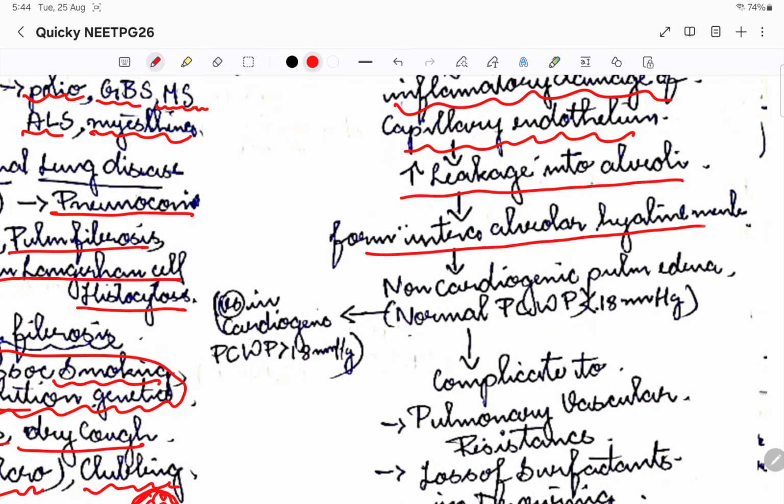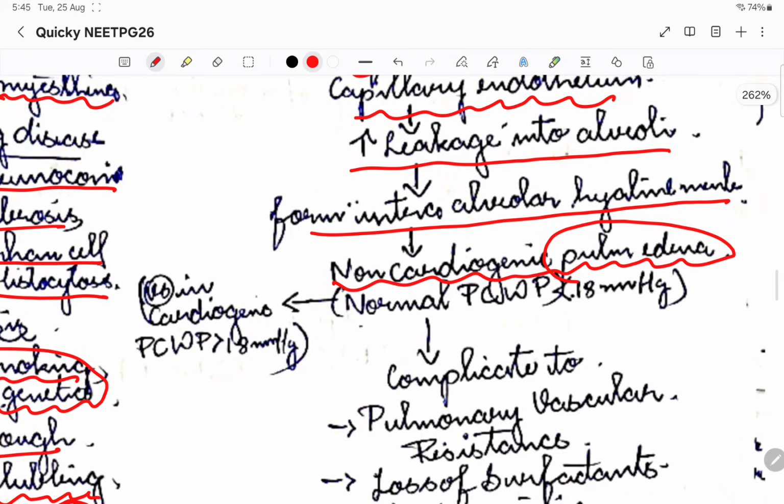hyaline membrane formation, which will eventually lead to non-cardiogenic pulmonary edema. It is not because of right heart failure or left heart failure; it is because of inflammation in the body that we get pulmonary edema.